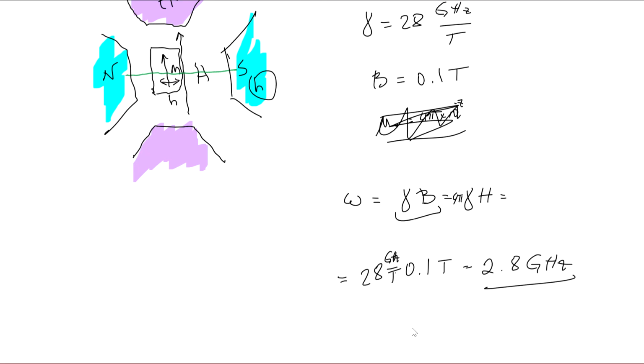So if you remember, that is 2.8 giga, mega, kilo, hertz. I probably shouldn't do that. You're advanced enough not to need that explained, but this is a fairly high frequency.